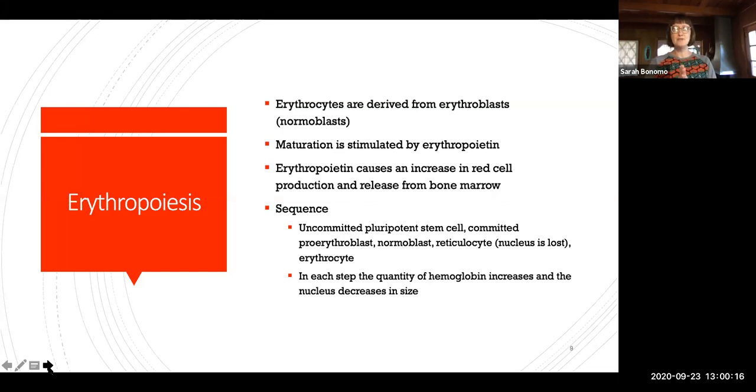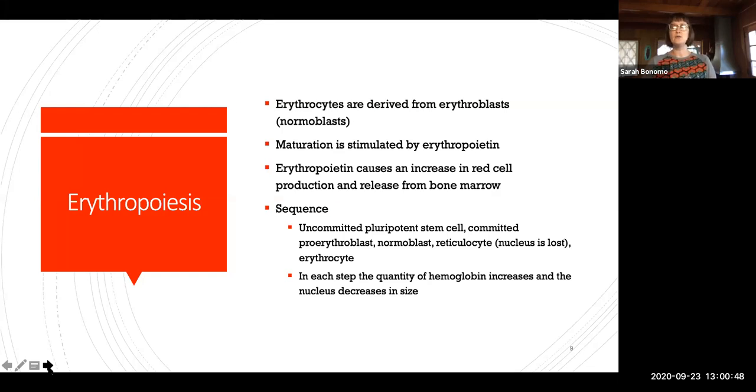So what happens when we have erythropoiesis is that we start with the bone marrow, and the bone marrow makes something called an erythroblast, which is going to mature and grow up into an erythrocyte. In order to begin maturing, the bone marrow needs to be stimulated by erythropoietin, which is that substance that's secreted from the kidneys to tell our body, hey, make more red blood cells.